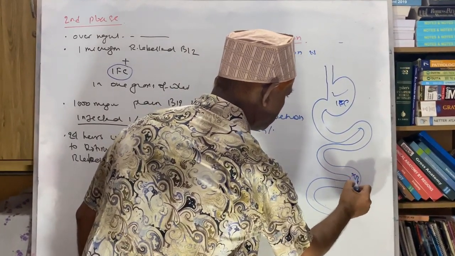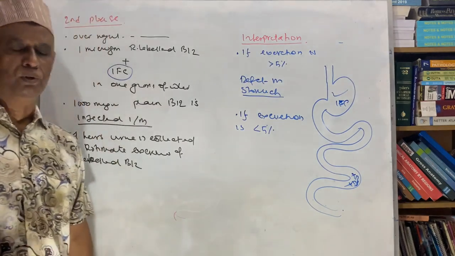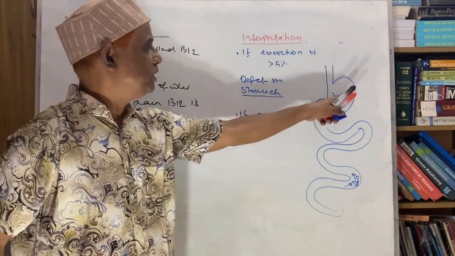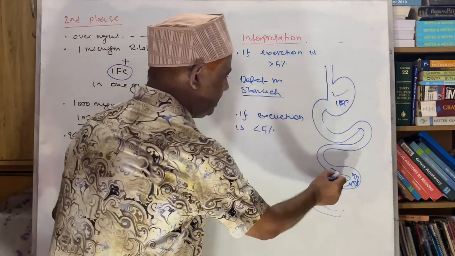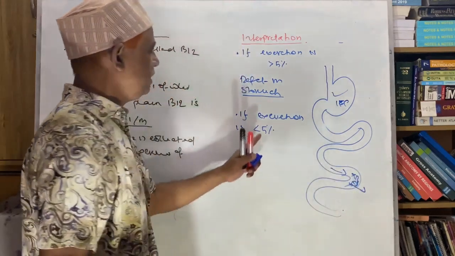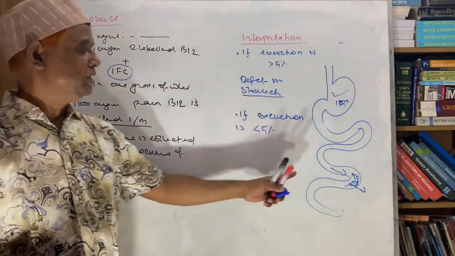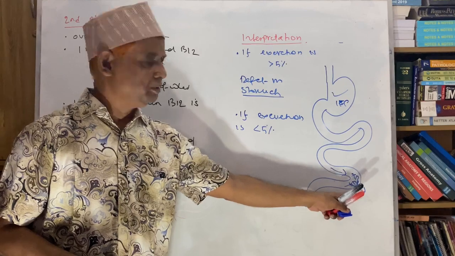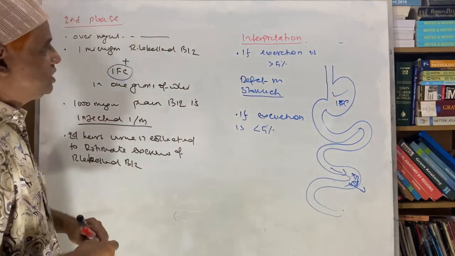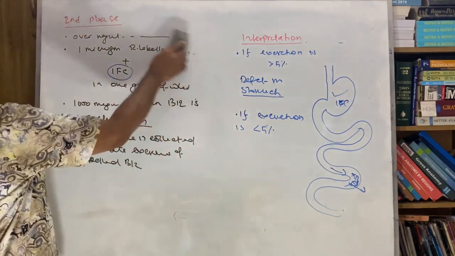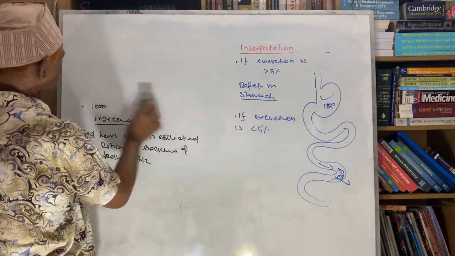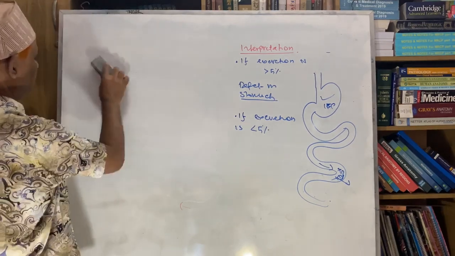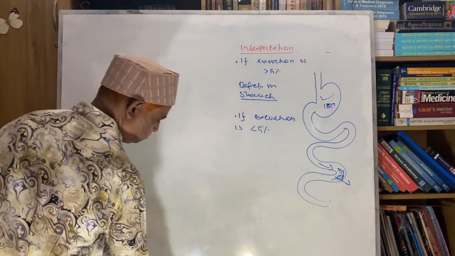There is no receptor or insufficient receptor. So the combined form of vitamin B12 and intrinsic factor of Castle comes here, but there is no absorption. So if again less than 5% excretion, it indicates a defect in the intestine. So this is the Schilling test. By doing the Schilling test, we can know whether the defect is in the stomach or in the intestine.